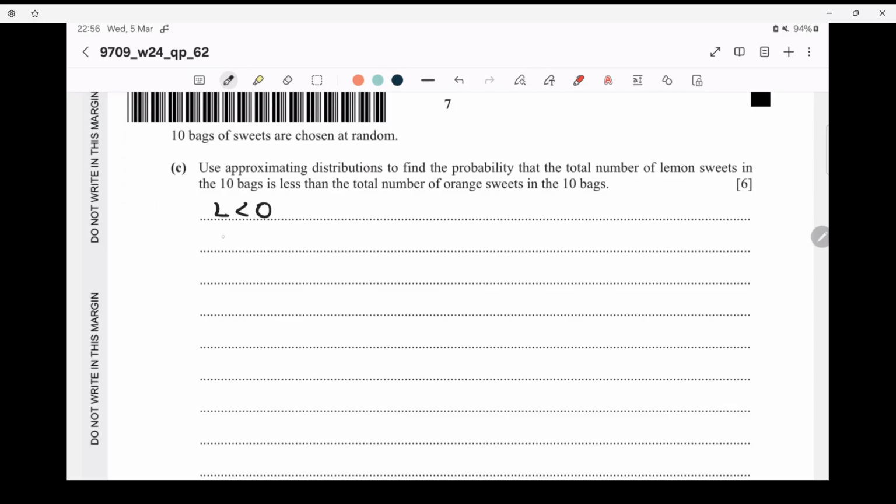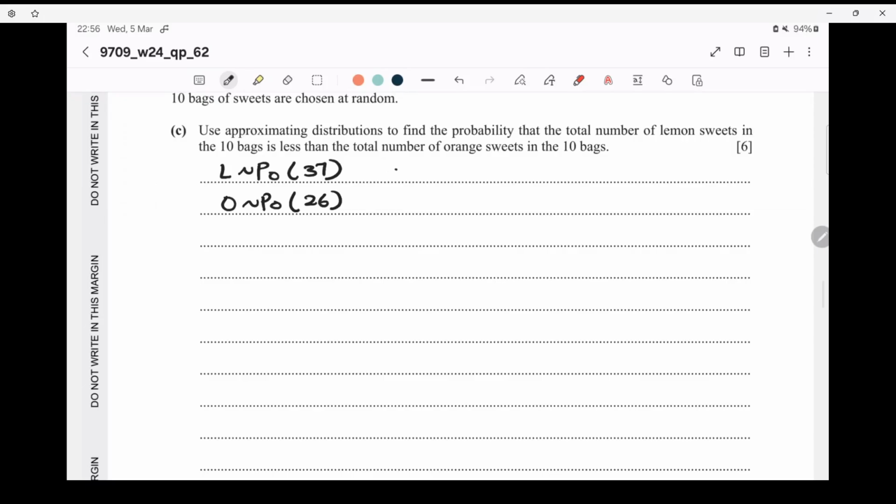So when you calculate your probability, you should calculate lemon minus orange. That's what we will do here. For 10 bags, your lemon will be 37. Your orange will be 26.